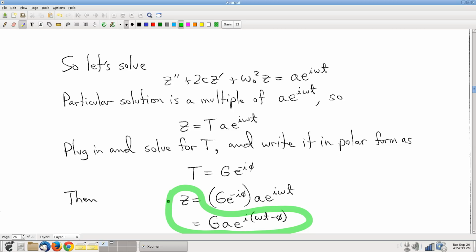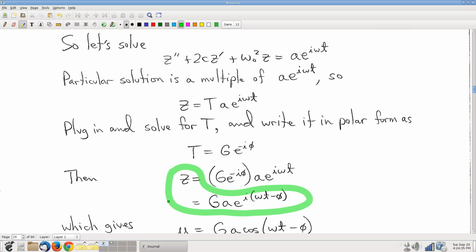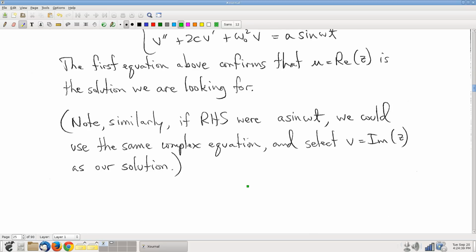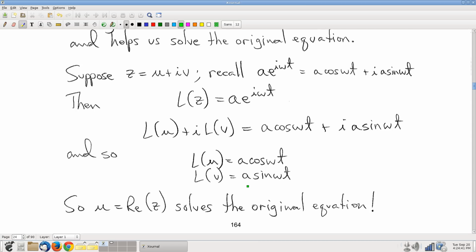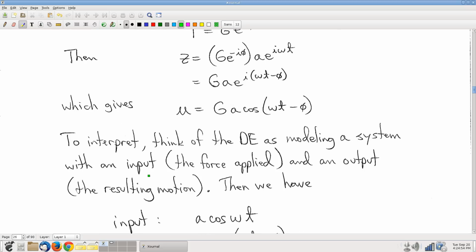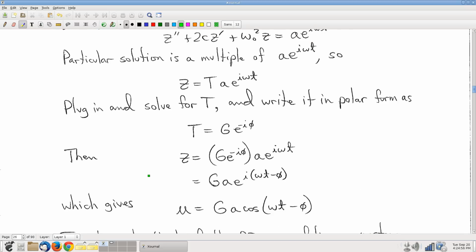Now, so what? How does this help us? Well, don't forget what we're actually interested in is the real portion. Right, going back up to here. The real solution that we're interested in is the real portion of the complex z that we just found. Whoops.